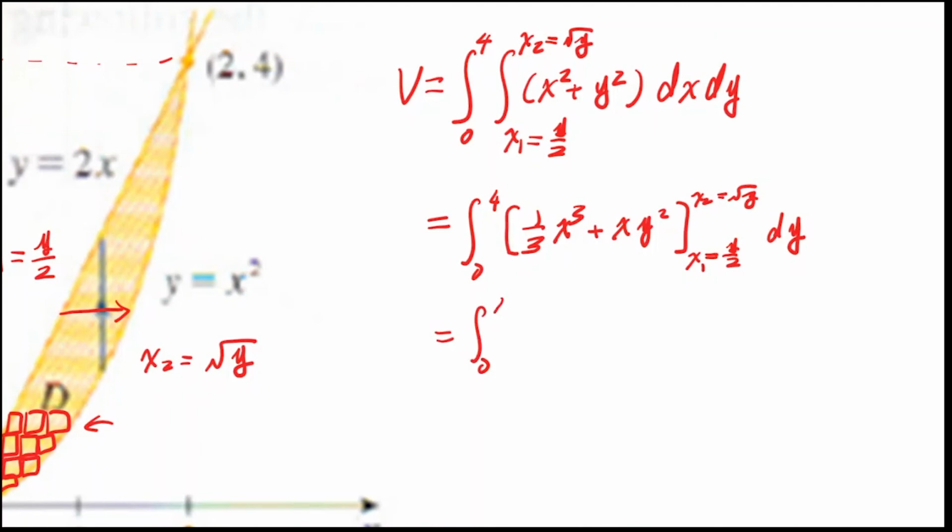Okay, so we have 0 to 4. Now we plug it in, right? So square root gets plugged in here, so that should be 1/3. Is it 3 over 2 power then? Good. This is 1/2 power, plug it in. Plus, and then you plug it in here to x, not to y. So this is 2.5 power, right? Good. This is 5. That doesn't look like 5 now, does it? Good.